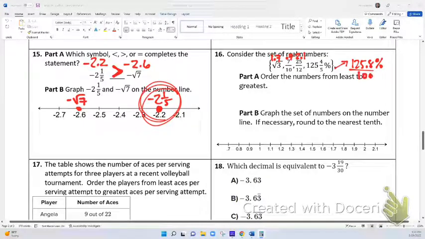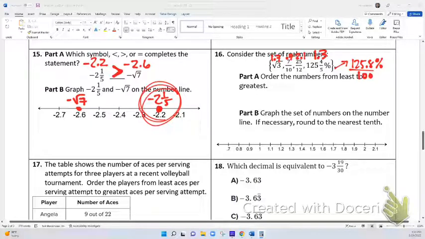Always divide by 100, because anytime you have percentages, remember that percentages are always out of 100. So when I do 125.8 on the calculator and I divide by 100, I end up getting about a 1.3 roughly.